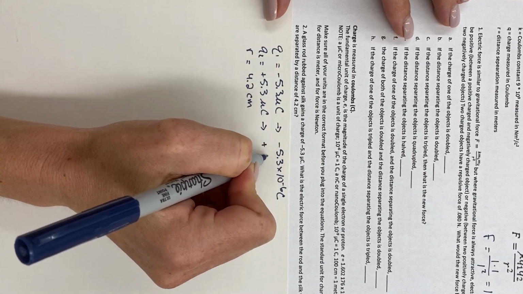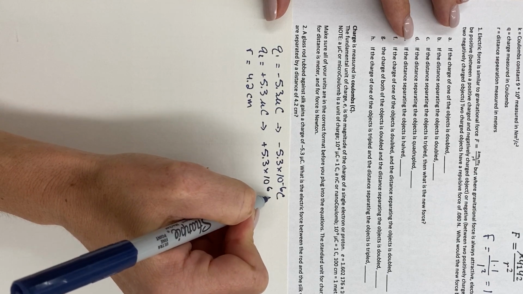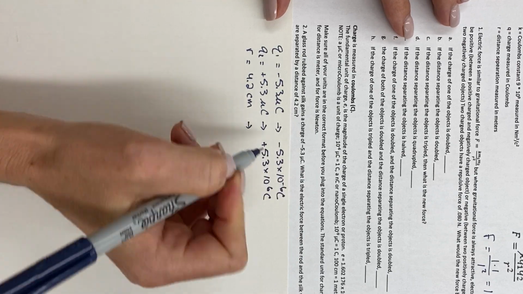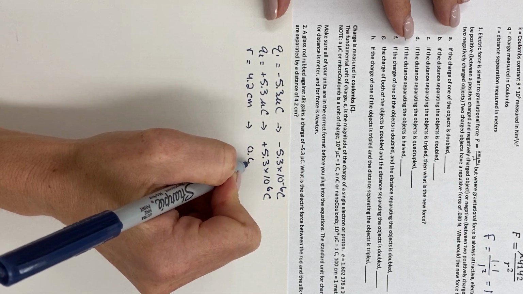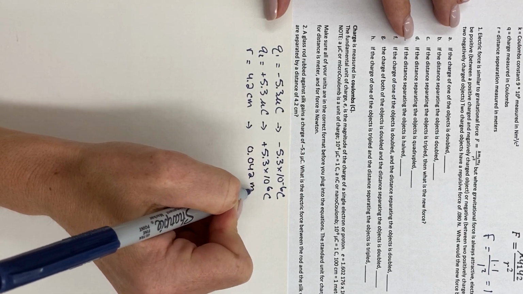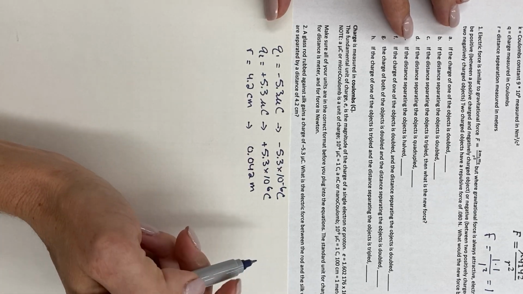So this will be positive 5.3 times 10 to the negative 6 coulombs, and centimeters to meters is move the decimal place twice.